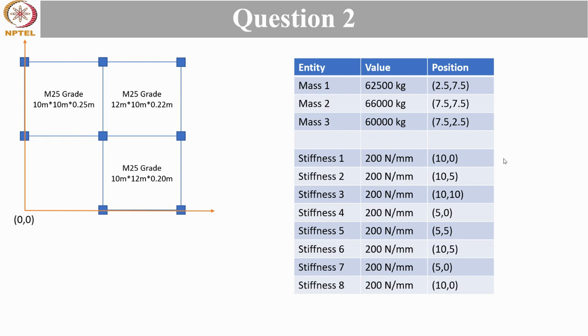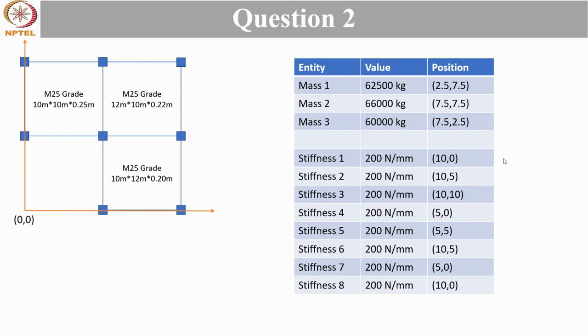So the location for mass 1 will be 2.5 comma 7.5. Similarly, mass 2 will be 166,000 kg, and its center of mass will be at 7.5 comma 7.5, and mass 3 will be equal to 60,000 kg, and its center of mass will be at 7.5 comma 2.5.